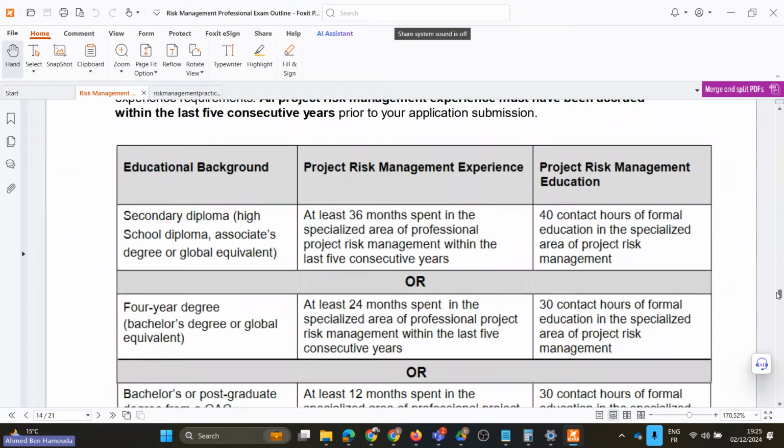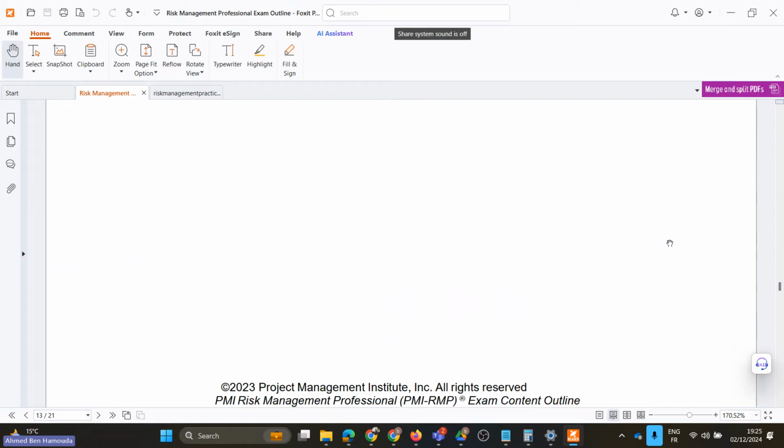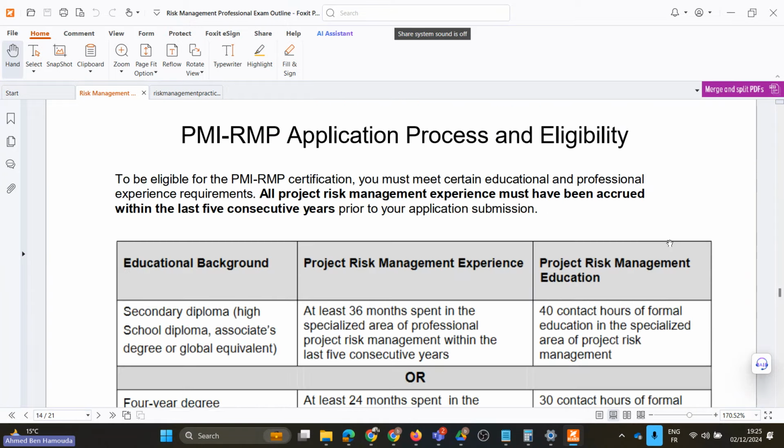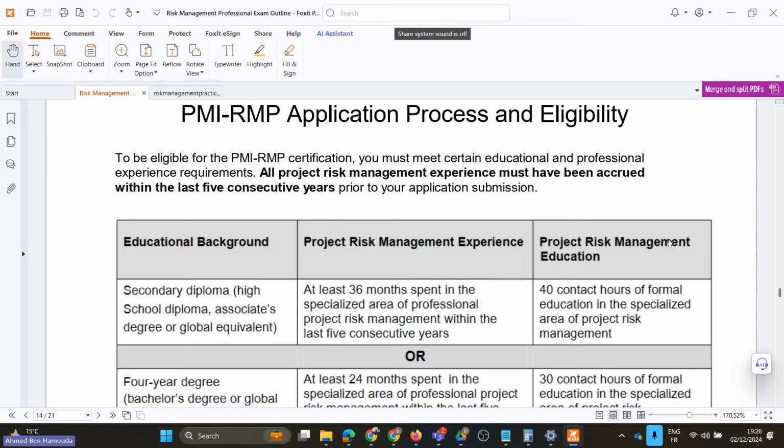Actually, we will skip the ECO for a moment. Now let's go down here to the PMI-RMP application process and eligibility. All right. In order to be eligible for this RMP certification, it's the same as with the PMP. You need to have a minimum number of years as a professional, plus you need to have certain certifications.